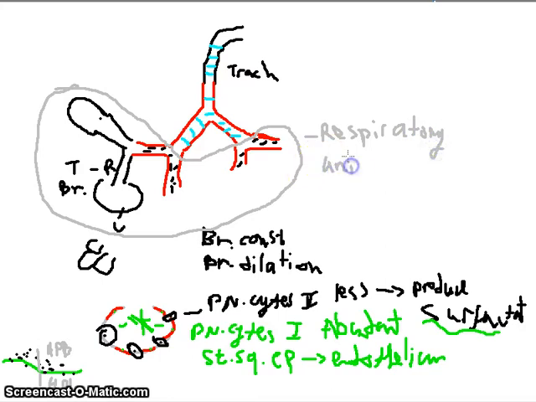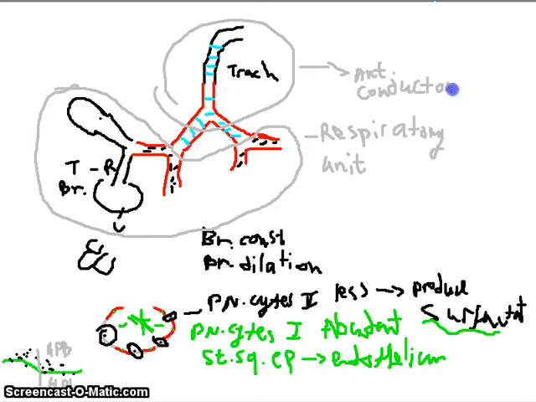Whatever is above is known as the anatomical conduction or conductory unit, because it's not involved with respiration, it's just a part of conduction. The part that is involved with respiration, where all the action takes place, is the respiratory unit.